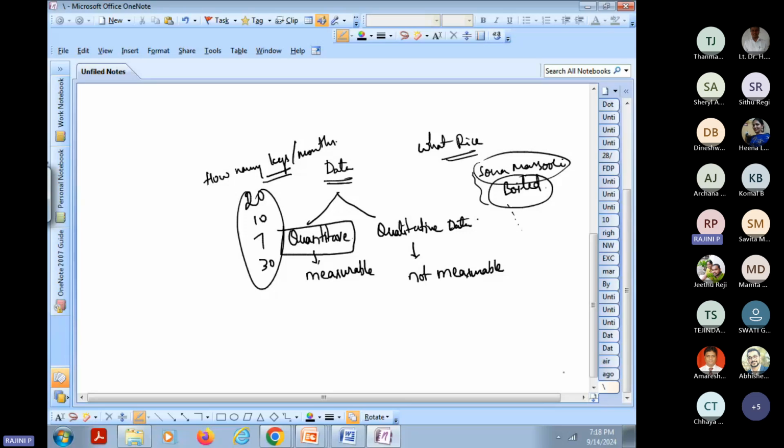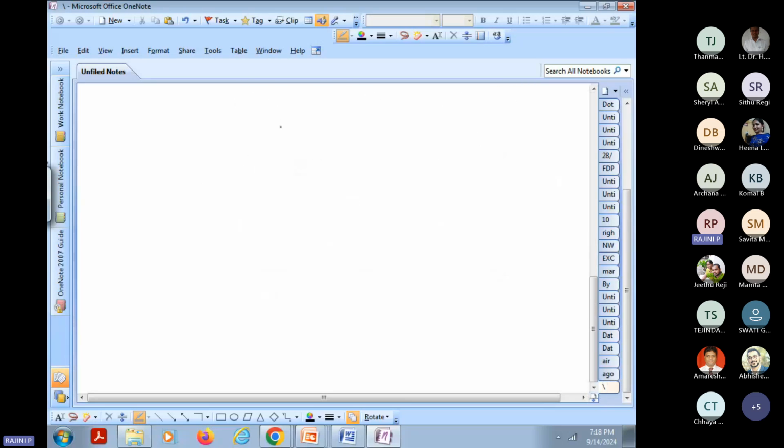If the data is quantitative, that means which can be measurable, in that case we can apply arithmetic mean, geometric mean, harmonic mean, and next median also.